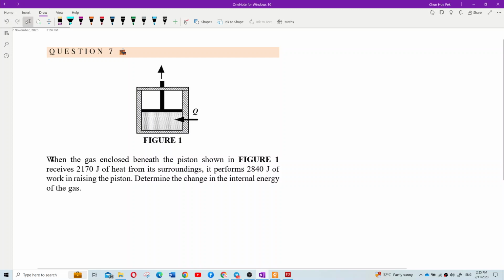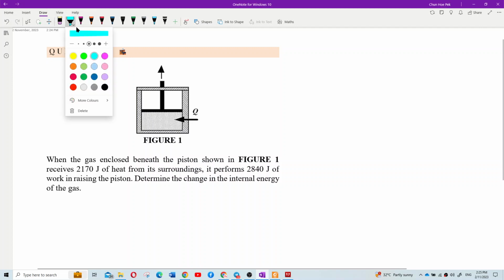Okay, so now the gas enclosed beneath the piston receives this amount of heat from the surroundings, and it also performs this amount of work in raising the piston. Determine the change in internal energy of the gas. By now you should understand what's happening.